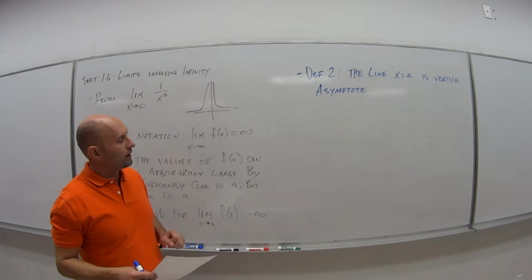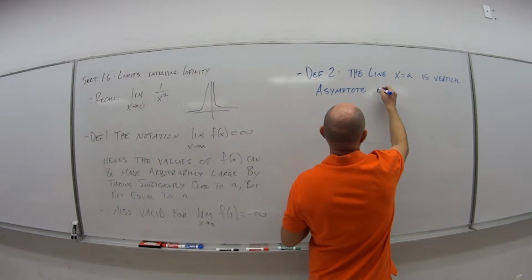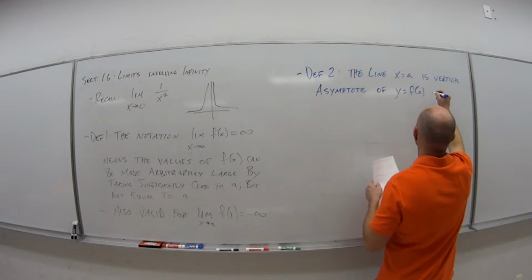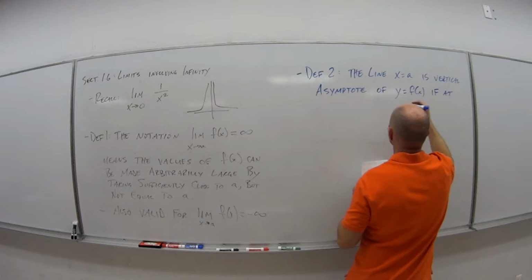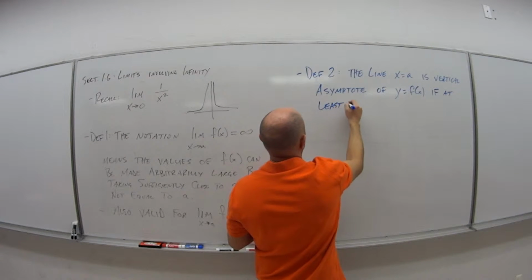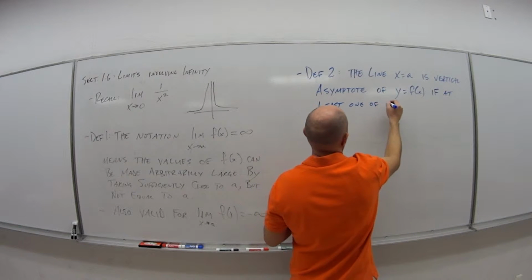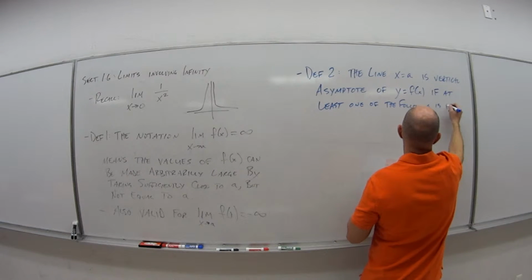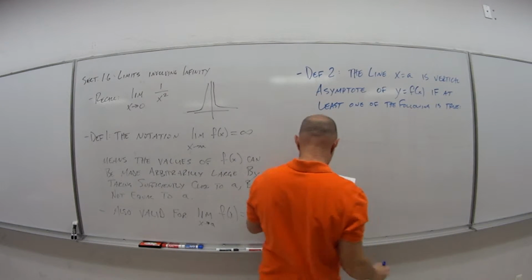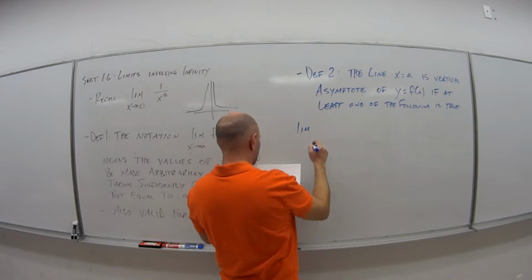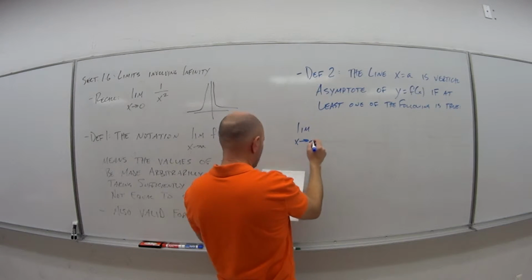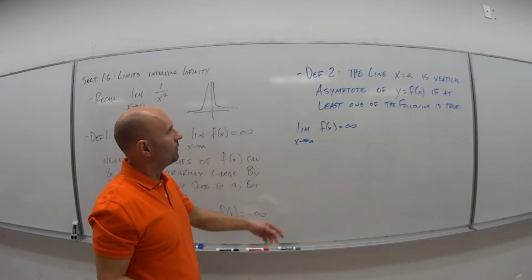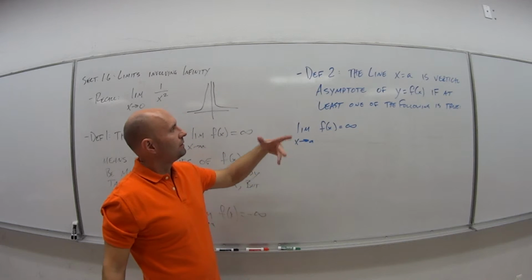So the line x equals a is a vertical asymptote of y equals f of x if at least one of the following is true. The first one: if the limit as x approaches a of f of x is equal to infinity, then the line x equals a is a vertical asymptote.